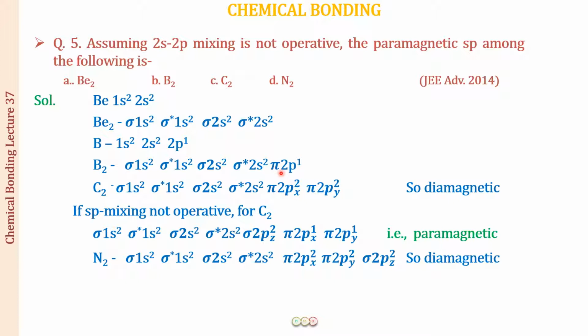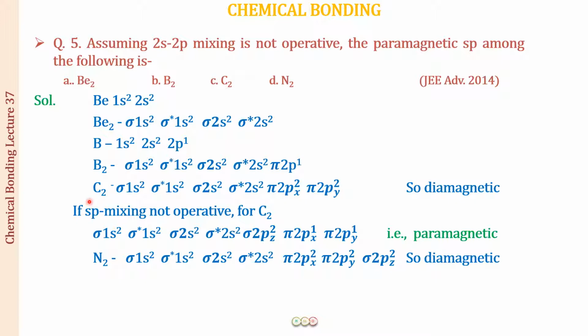We would have put a sigma, so that would be a sigma 2p1. But in either case, whether we have an electron in pi 2p1 or in sigma 2p1, the species would have been paramagnetic, so there would have been no change. Next we have the C2 molecule. For the C2 molecule, the number of electrons is going to be 12.